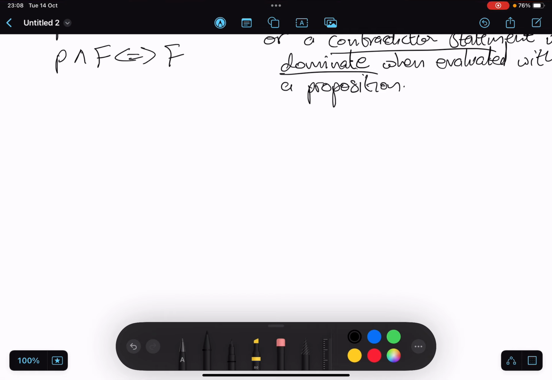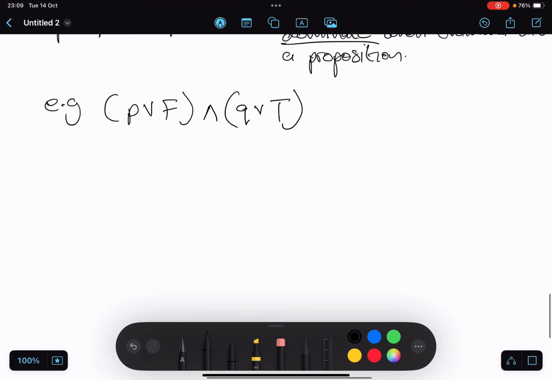It's also very important. Let's use this example: (P or F) and (Q or T), and we want to evaluate this compound proposition.